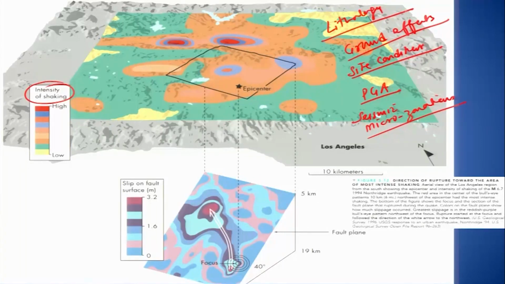I will just briefly tell you here that if you have, for example, hard rocks, then the ground shaking will be different, and if you have soft material, either sand or silt, or the clay layers, the intensity of ground shaking will vary during the same earthquake.